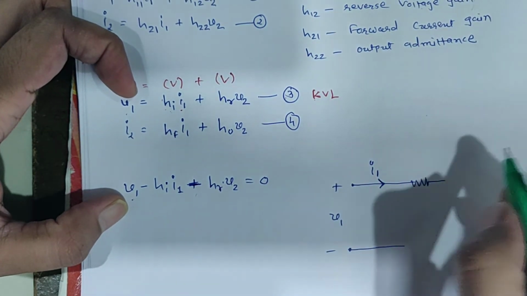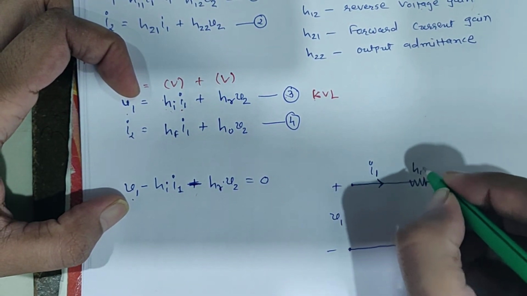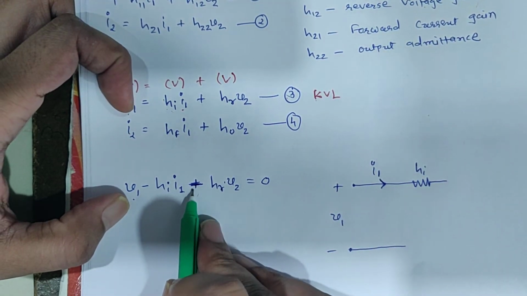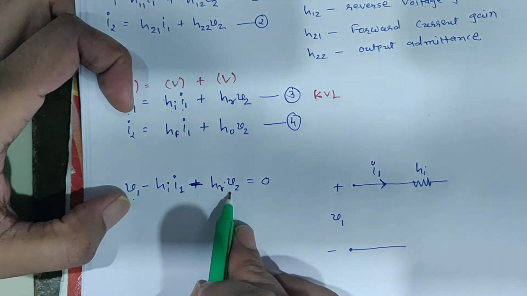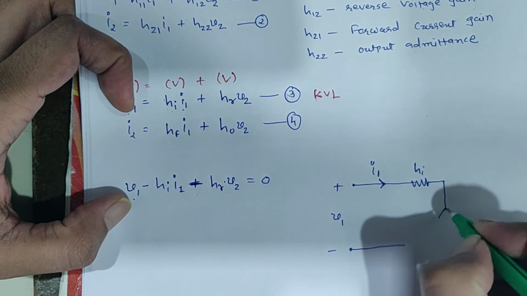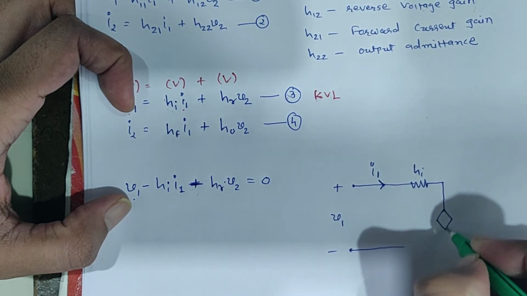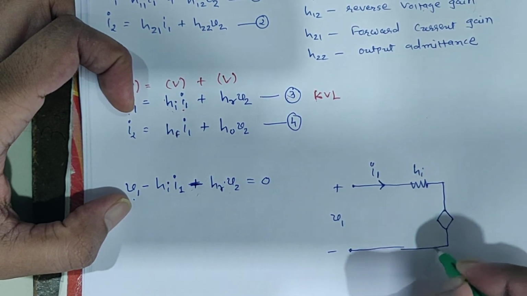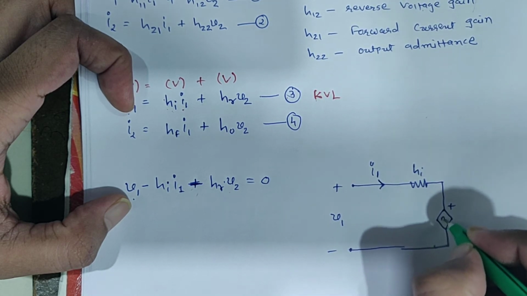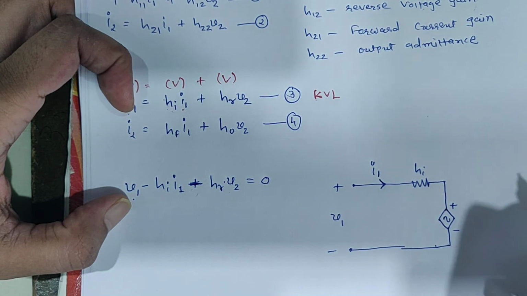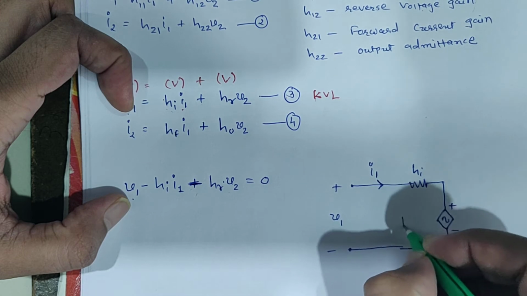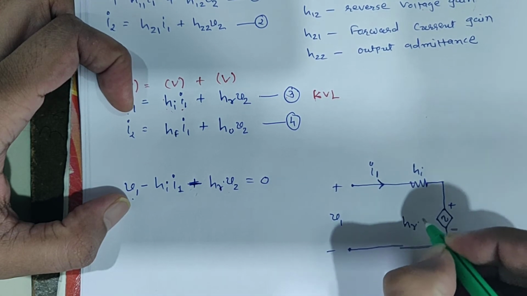We will draw the symbol of a resistor and write HI. And this is the dependent voltage source, which we can draw like this. This is the dependent voltage source symbol. Polarity is important, plus and minus, and it is an AC dependent source. The magnitude of the dependent voltage source is HR into V2.